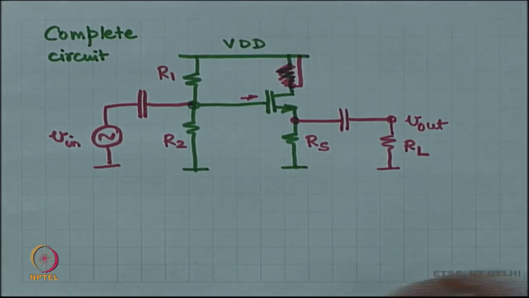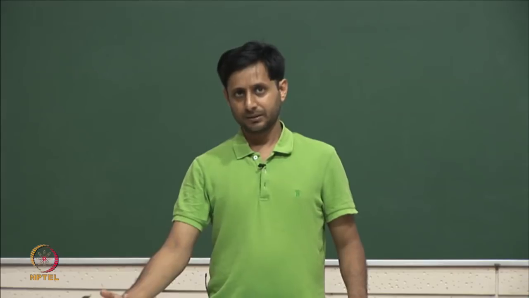Fine. And now, what we are going to do is analyze this. So, the DC operating point is exactly the same as before, there is nothing new to analyze, right.